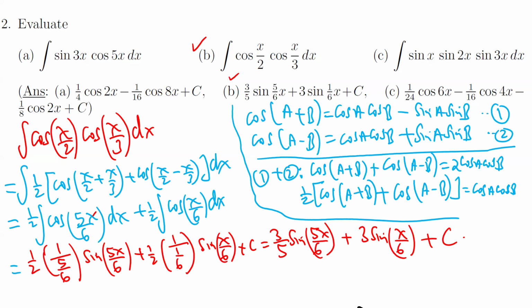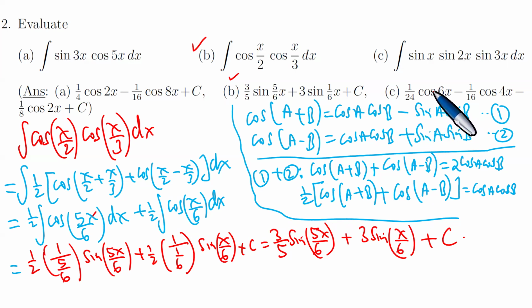Now part C is a very interesting one, but you're able to see that there are several multiple angles that are involved here. Because of that, you obviously need to look at what the answer also contains.